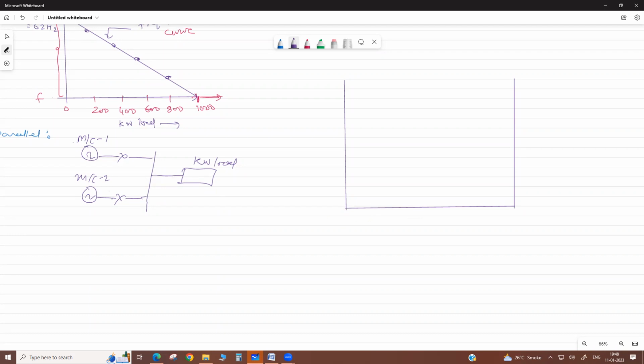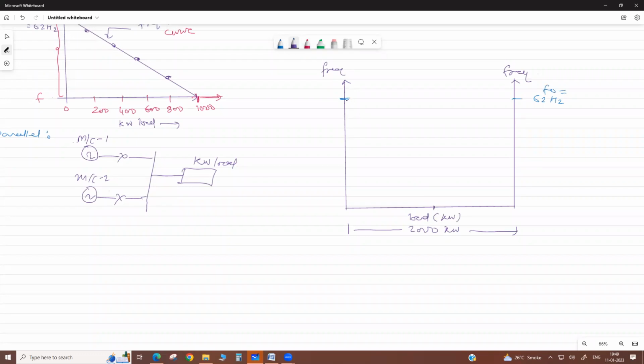The total capacity is 2000 kilowatt, and this is the midpoint, 1000 kilowatt. Here is the frequency, and here we take the kilowatt load on the machine. Suppose they have the same no load frequency, 62 Hz, F naught. Both have the same, and if their droop settings are the same, their characteristics are the same.